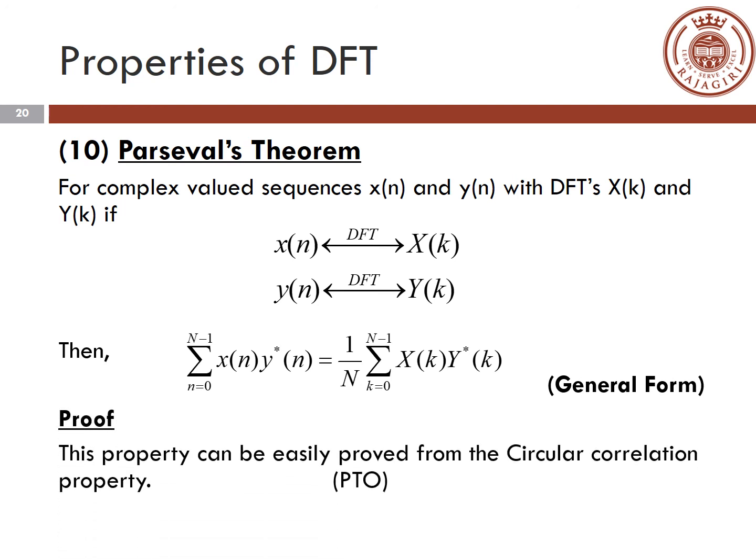Now before moving into the significance of this particular theorem, how am I going to prove it? You can have a bigger proof for this, but it can be very easily solved from the circular correlation property. Just 2 steps and you reach this answer. So how are we going to do this? Just focus on the LHS, or start from the LHS: sigma n equal to 0 to N minus 1 x of n into y conjugate of n.